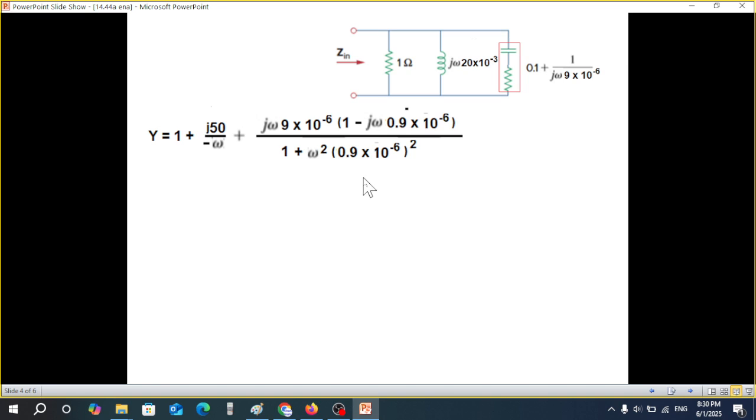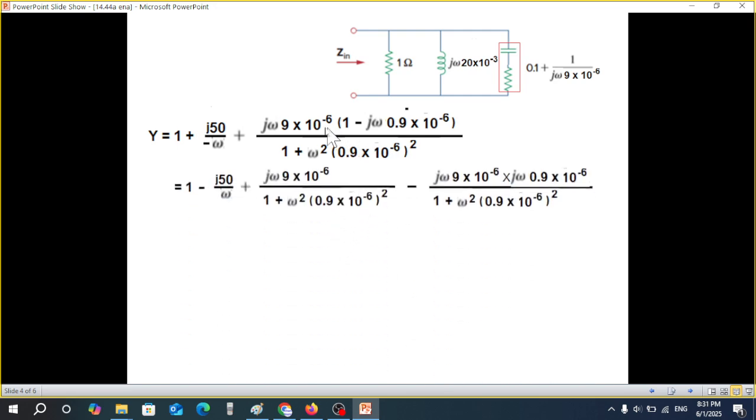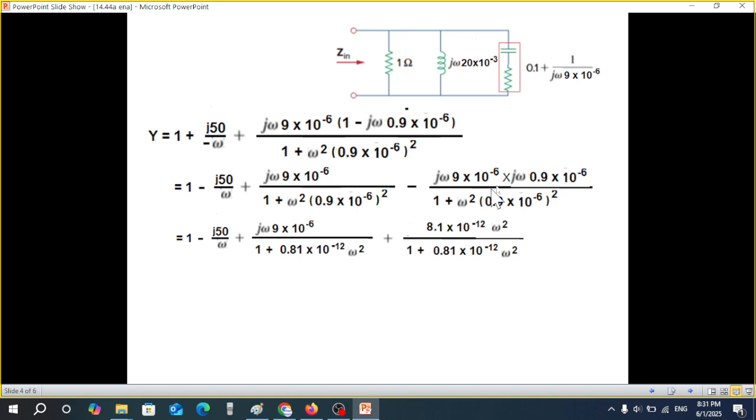So we were here. Now this is the real value, no more j in this, but we have to separate these two terms to separate the imaginary or j omega terms. So we broke this down into two parts, the real part and the imaginary part.